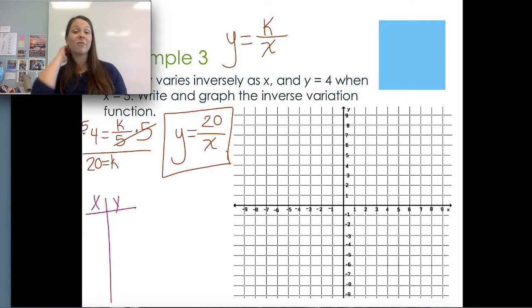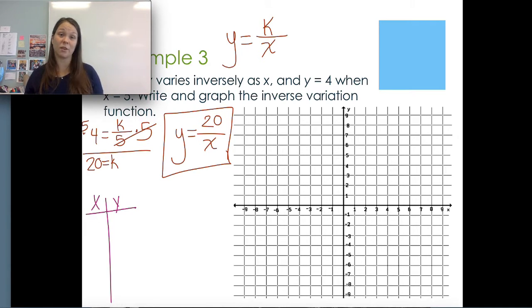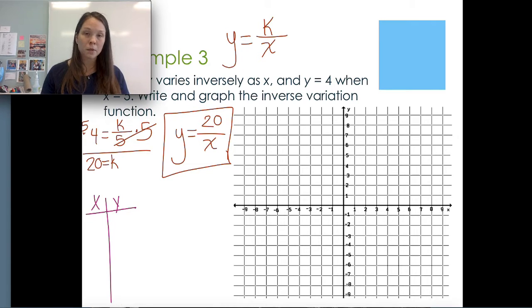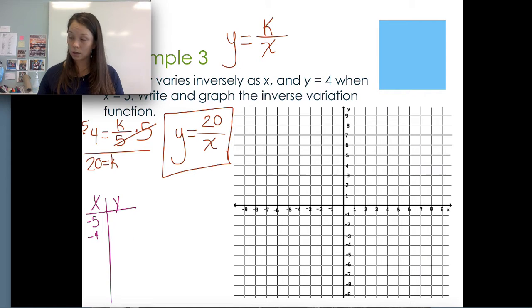So I'm going to pick some values that are negative and some that are positive, and I'm going to plug them in for x. Knowing that our x's are going to be divided into 20, I'm going to use numbers like -5, -4, -2, 0, +2, +4, and +5.